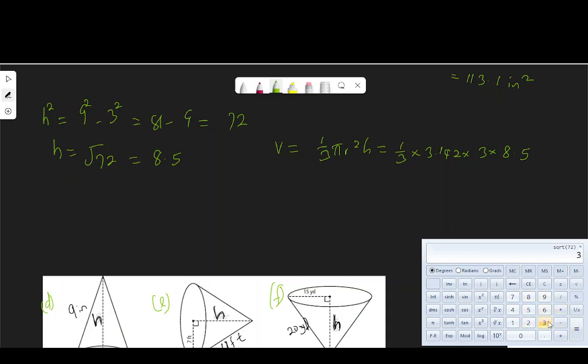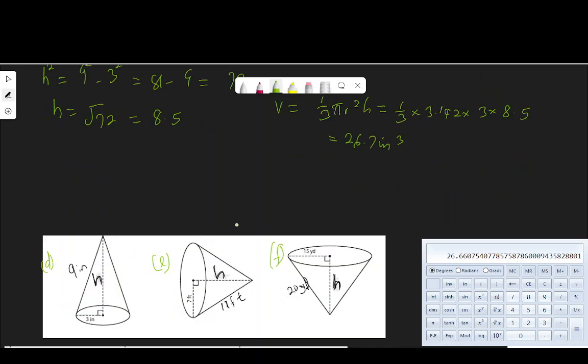Multiply by 3 and multiply by 3.142, equal to 79.98, then divided by 3, approximately 26.7. 26.7 inches cube is the volume of this cone D.